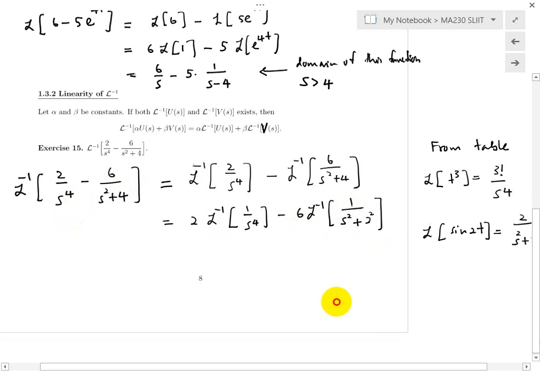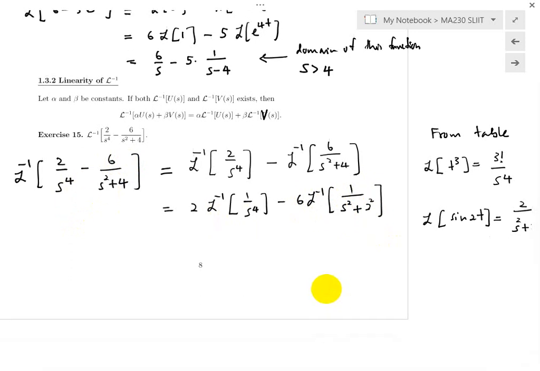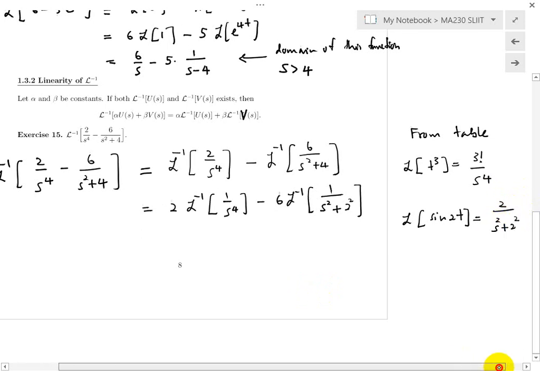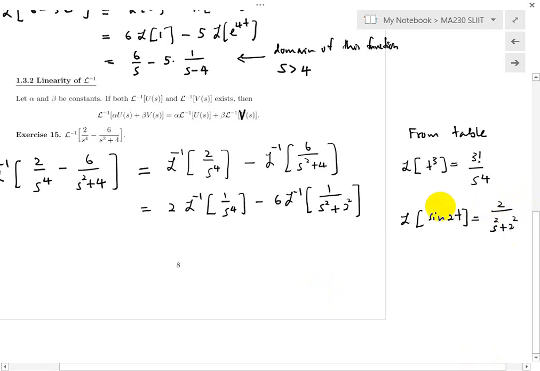If you look at the table, you need to locate a similar form on the right hand side of the table. You take 1 over s to the power corresponding to the polynomial number. And then you have this form, constant over s squared plus k squared, which corresponds to the sin kt form.